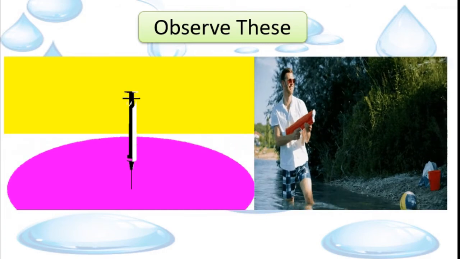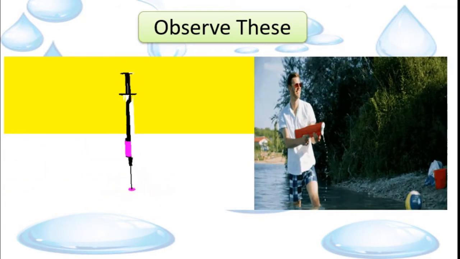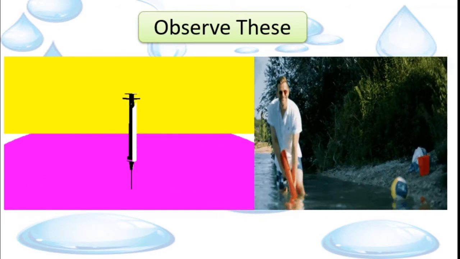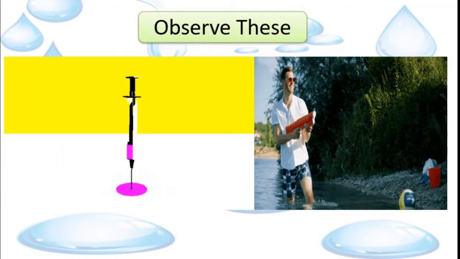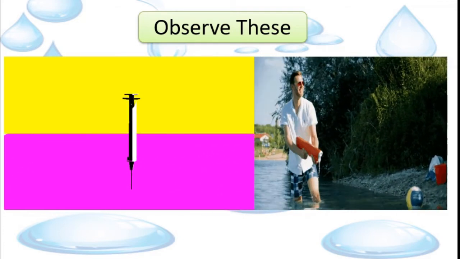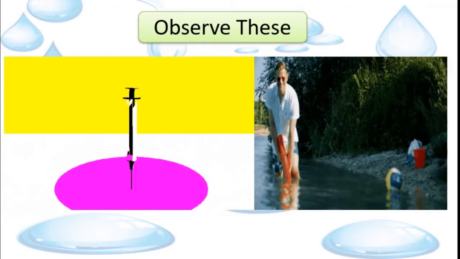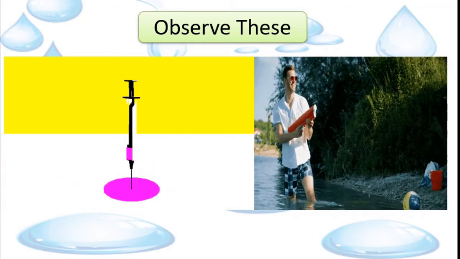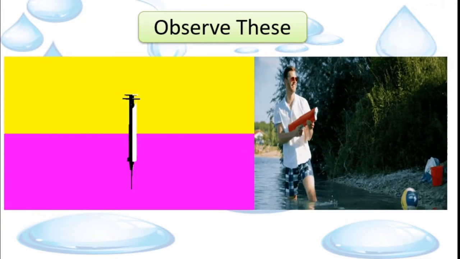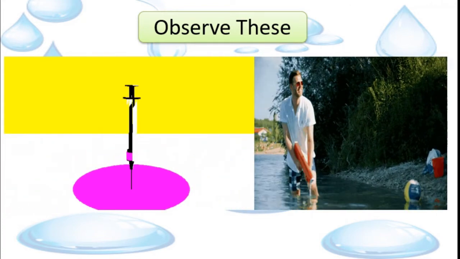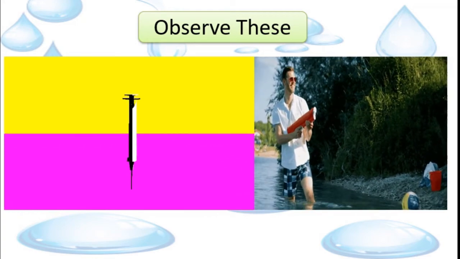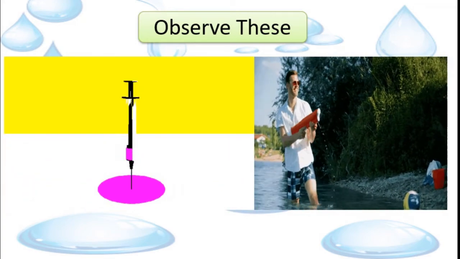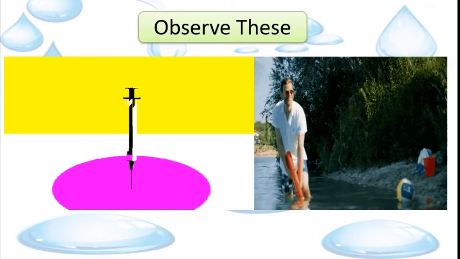When the piston goes up, the medicine goes inside, and in the second one, when the piston goes up, the water enters the gun or the pump. In which direction does the water flow? Yes, of course, the water is flowing in an upward direction.